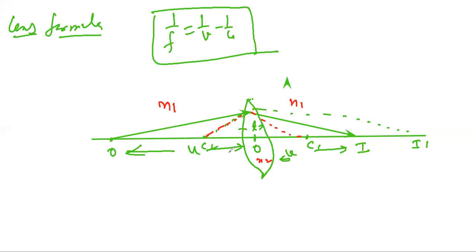From C2 to this is R2, for the second surface. And from C1 to here is R1, for the first surface. And from here to here is V dash minus T. Any problem?